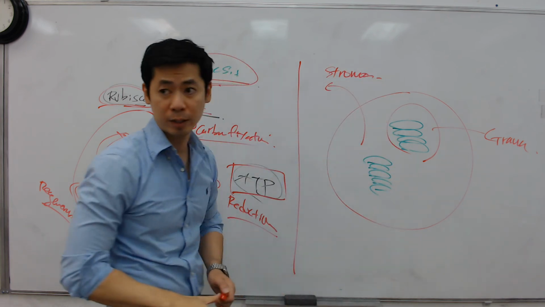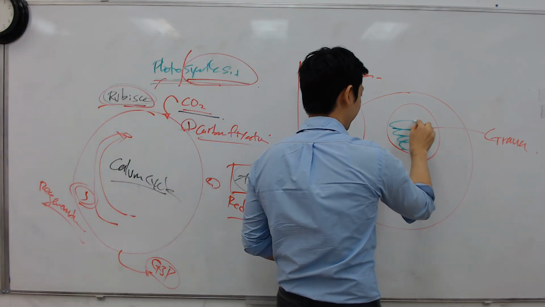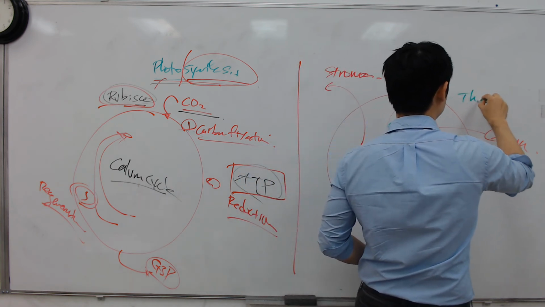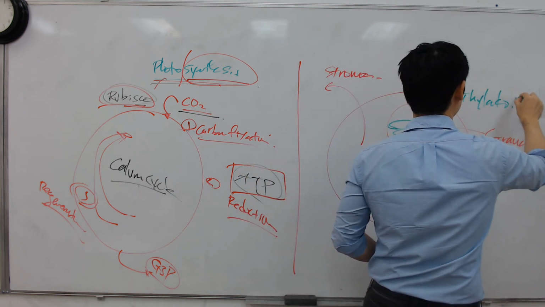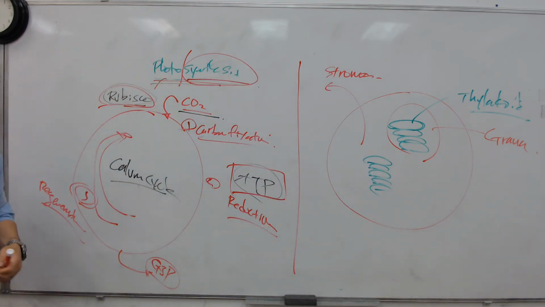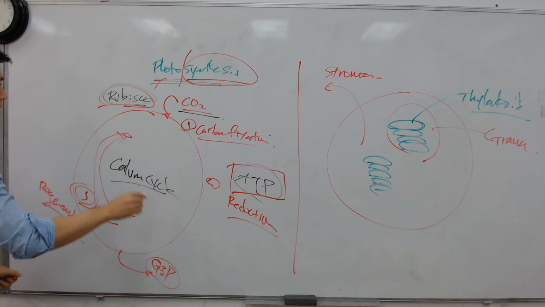Stroma and grana. And the grana is where they have the thylakoid. Thylakoid, guys, is where they run the light-dependent reaction. The light-independent Calvin cycle occurs in the stroma portion. Stroma is where this runs.